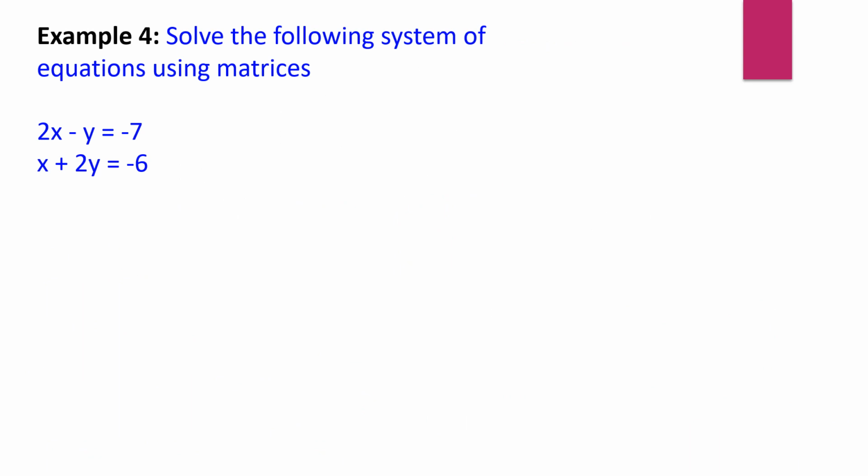Okay, our next example, we are going to practice setting up. I need the coefficient matrix, the variable matrix, and that all needs to equal the constant matrix. I'd like for you then to practice your skills using the graphing calculator and set up your matrix equation, how you're going to type it into the graphing calculator.